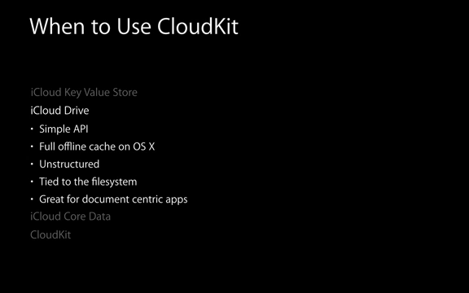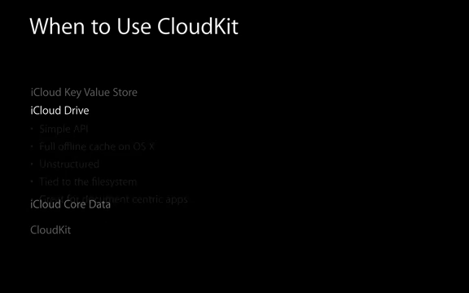You use the file coordination APIs to read and write data in your application iCloud container on the file system. The iCloud Drive daemon takes care of uploading and downloading those changes to and from the iCloud servers. We think it's great for document-centric apps or apps that need to deal with an existing file format.